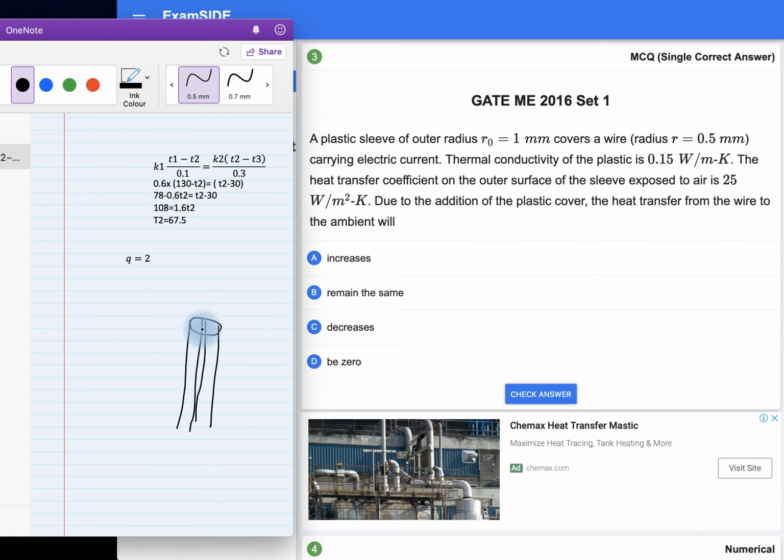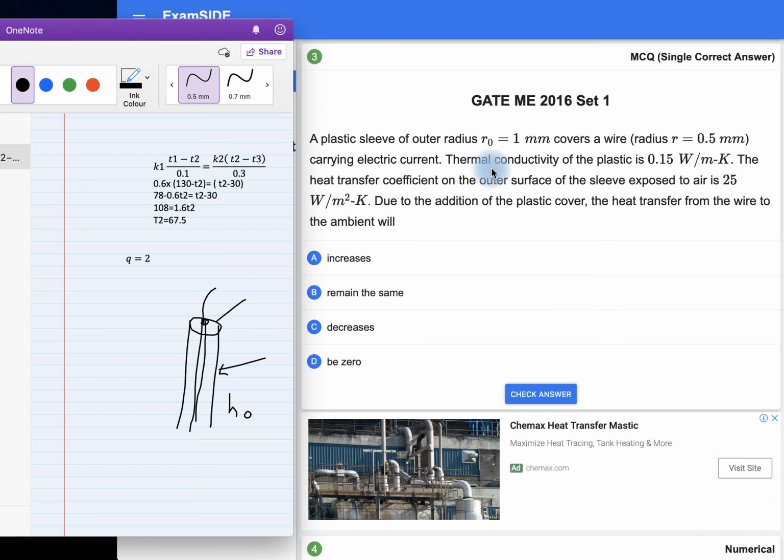This radius is 0.5 and this radius is 1, so R0 is equal to 1. The thermal resistance of the plastic is 0.15, and the heat transfer coefficient on the outer surface, H0, is given as 25. Due to the addition of the plastic cover, what happens to the heat transfer from the wire to the ambient?